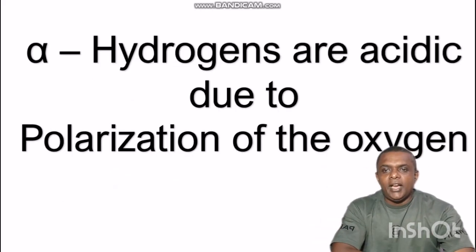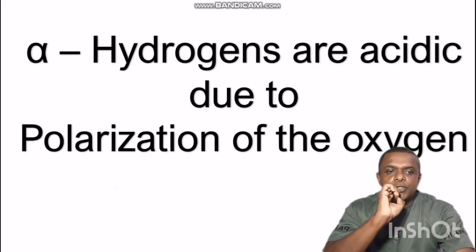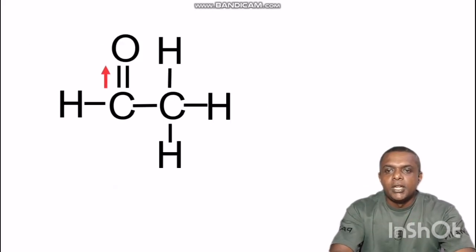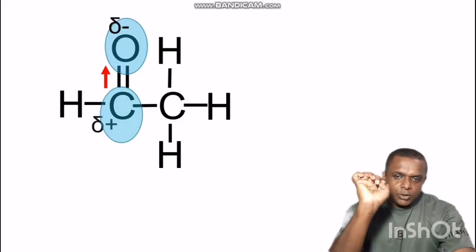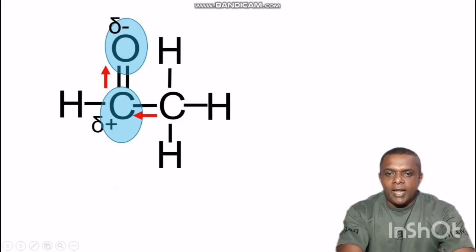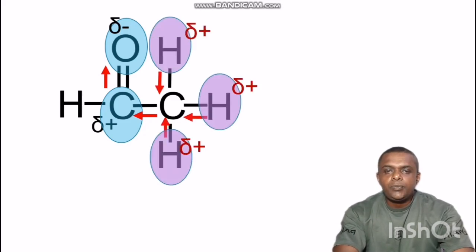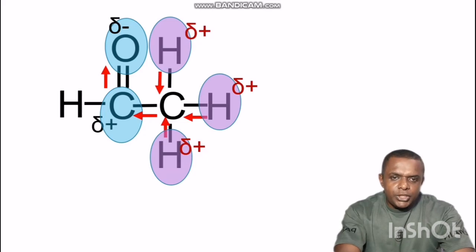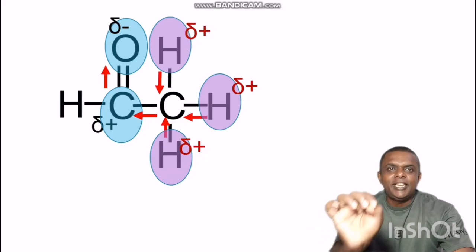These alpha hydrogens become acidic, partially positively charged, due to polarization by the oxygen atom in the carbonyl group. The oxygen pulls electrons from the carbonyl carbon, so the oxygen becomes negatively charged and the carbon becomes positively charged. This carbonyl carbon pulls electrons from the neighboring alpha carbon, which pulls electrons from the alpha hydrogens. So these hydrogens become positively charged and have some acidic properties.